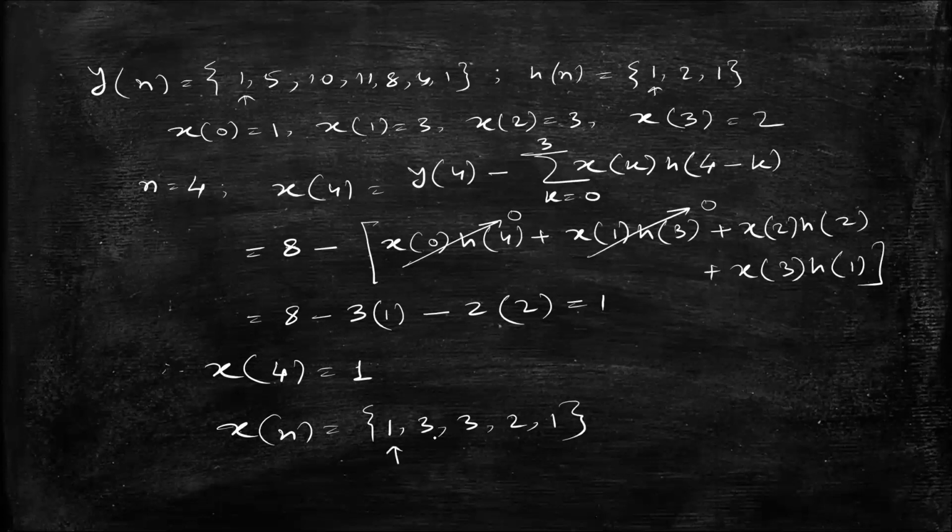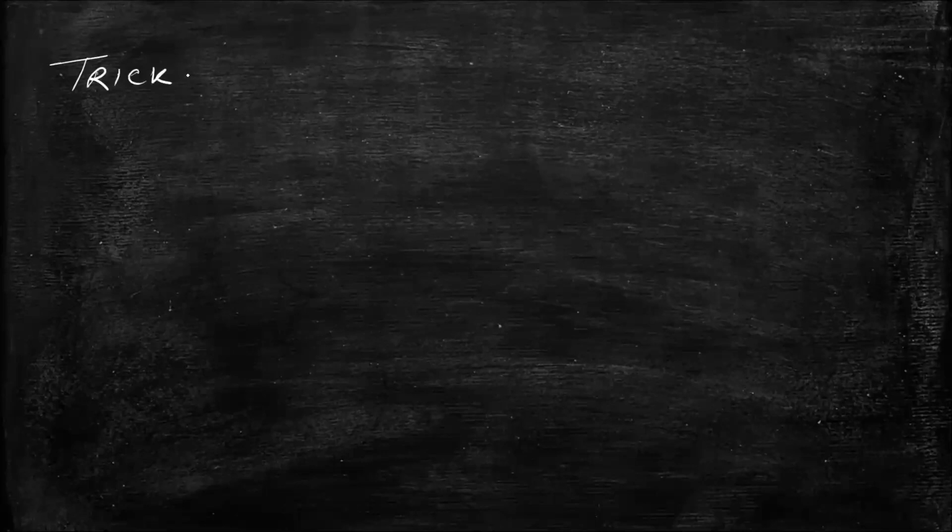So by using this convolution method, the deconvolution method, you will find the input signal from the received output response. There is one more trick, that is the matrix method. You should not use it directly, just use it to cross check your answer.